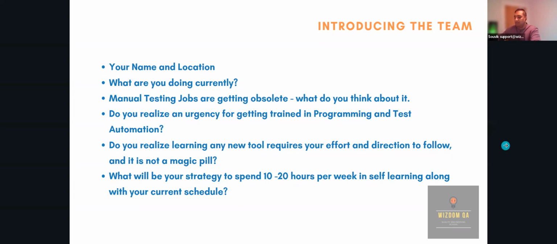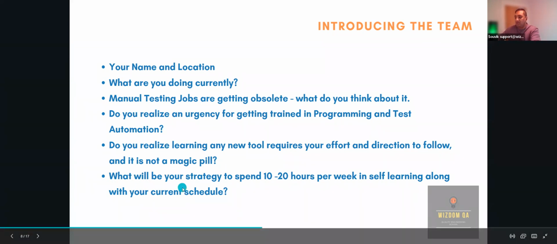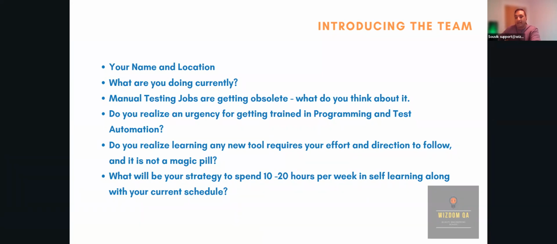Your strategy will be to spend at least 10 to 20 hours per week, if not 20 hours, at least 15 hours per week, at least in the initial stage. I think it's highly doable. In the weekend, you have 3 hours, and you have a full Sunday.